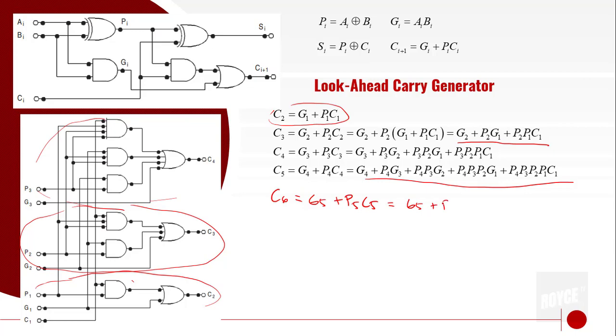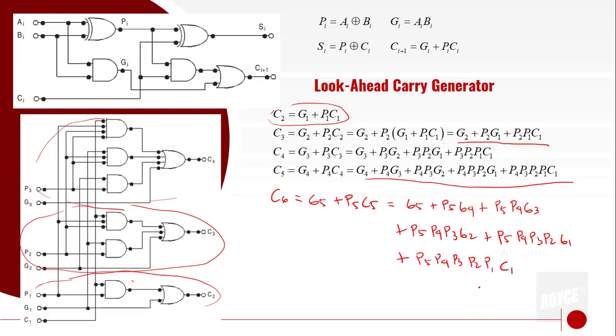G5 plus P5 G4. Multiply yung una dito, di ba? Plus P5 P4 G3 plus P5 P4 P3 G2 plus dito siya sunod P5 P4 P3 P2 G1 plus P5, P4, P3, P2, P1, C1.